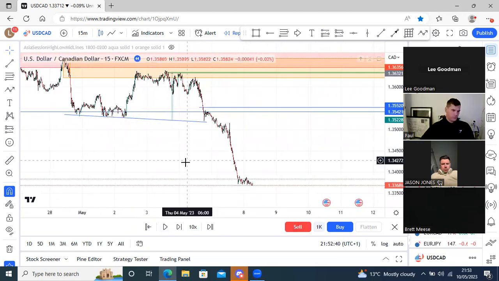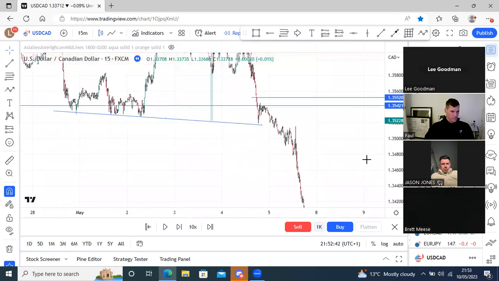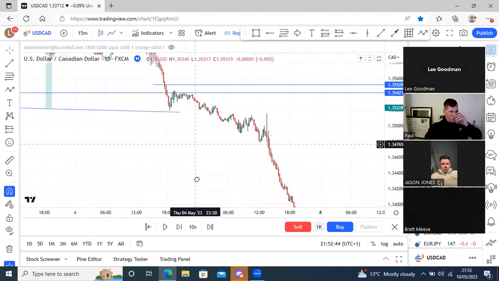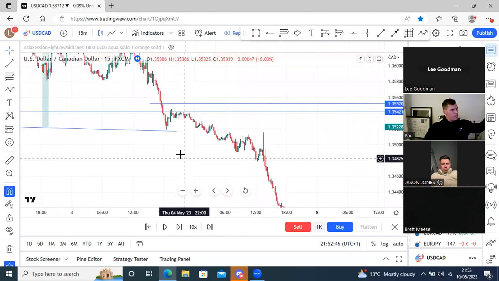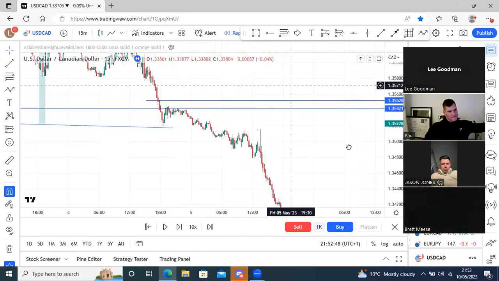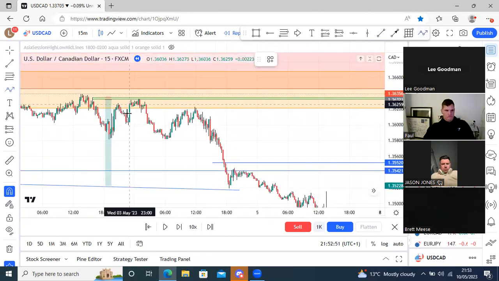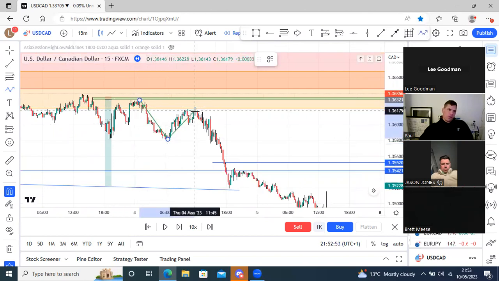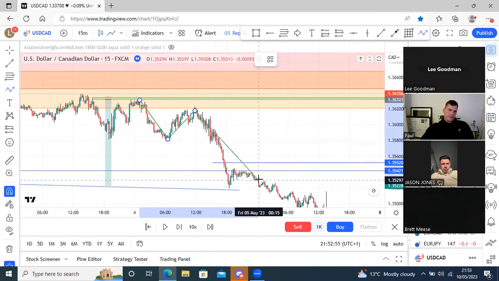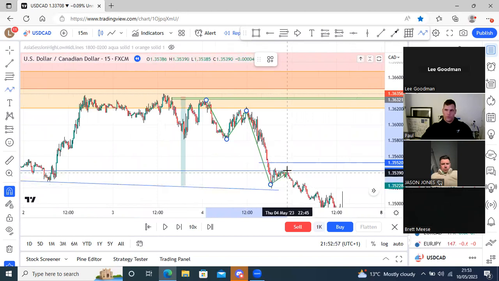But if I'd have been brave enough to have actually been in it, I'd have just been trying to follow 15-minute structure. So for me, there's no structure breaks in here from the entry. That's how it's structured, to be honest.